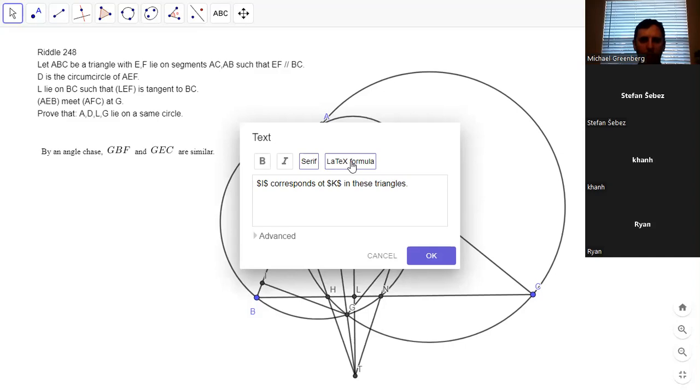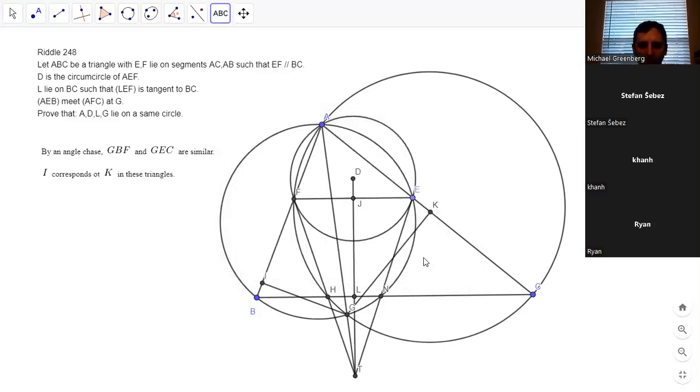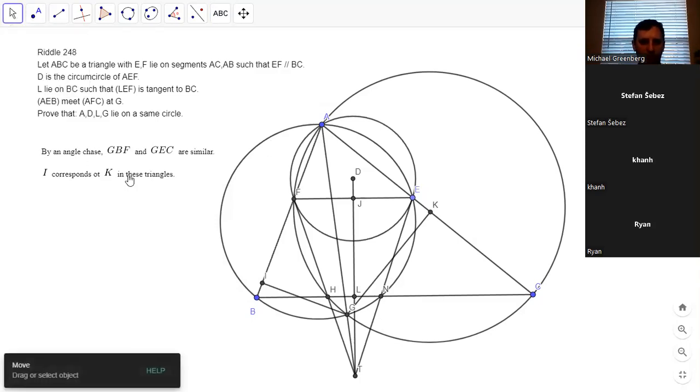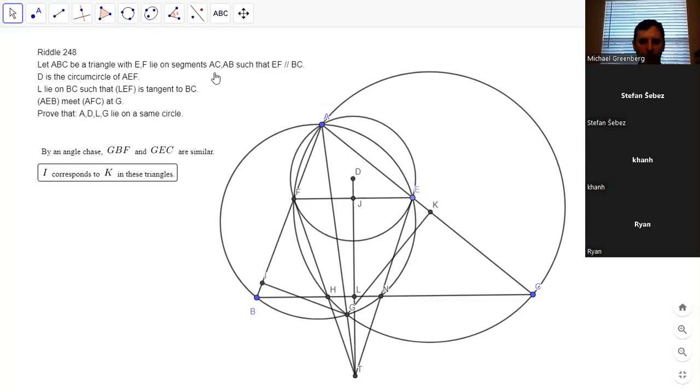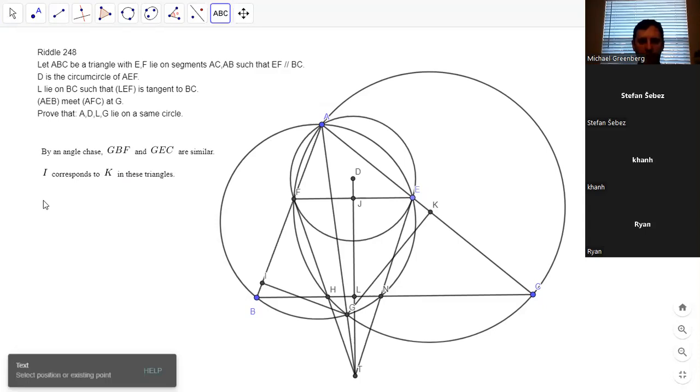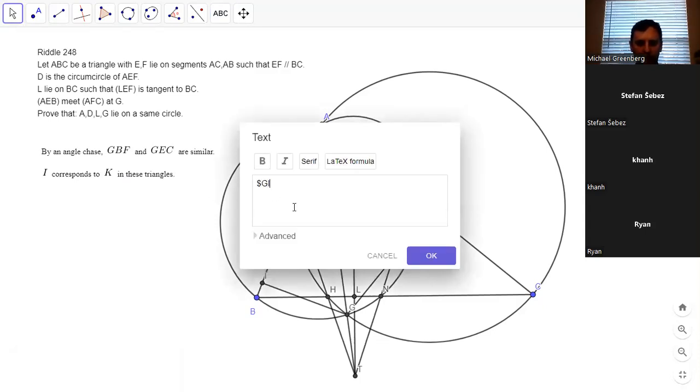And so GI over GK, so yeah, in the chat you mentioned GI over GK equals BF over CE, over AC, and that means that G lies on the A symmedian.